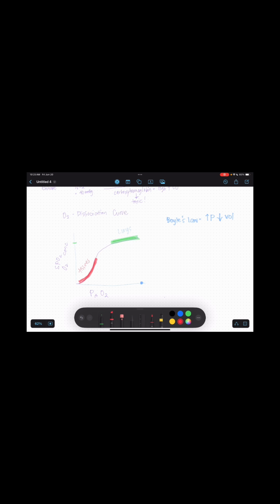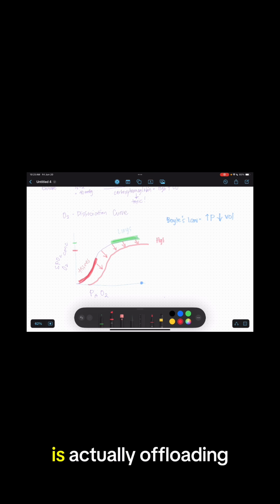You see how if the curve shifts to the right, the O2 went down, and that is because the hemoglobin is actually offloading oxygen to tissues. This is the shift to the right.